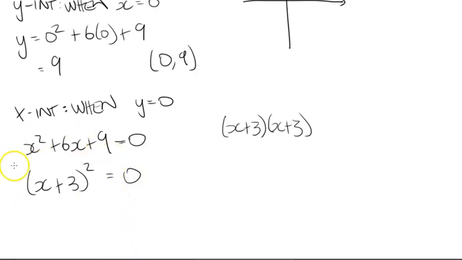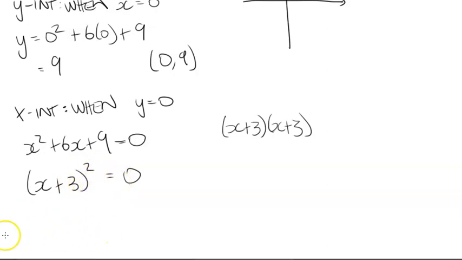Now, we've already seen this in this format. We know for a fact that when it's in the square, if it's a plus, it gets shifted to the left 3 units, or however many units the number is. So what we need to do is solve for this.